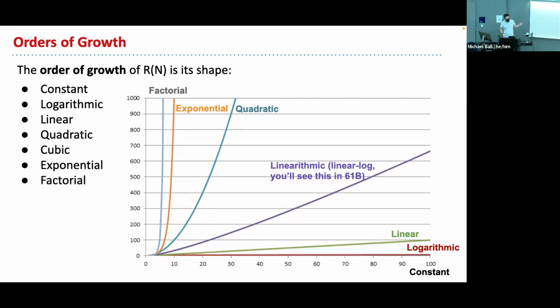There's a whole class of algorithms called linear logarithmic, or linear log, algorithms. We're not going to talk about any of them in CS10, but if you take CS61B, there are so many of them. On this graph they're not quite as good as linear time algorithms, but they're pretty darn good.